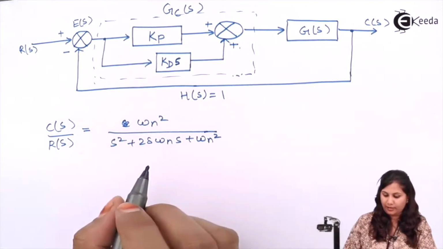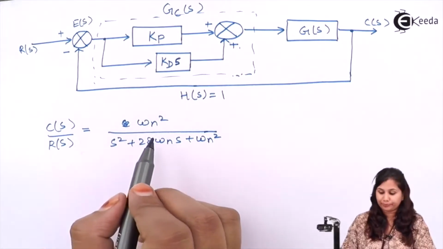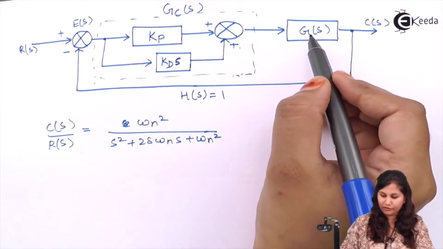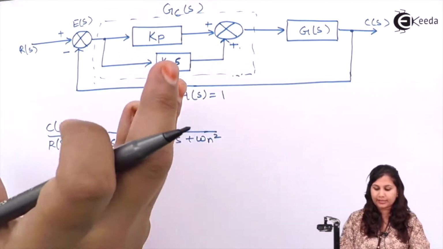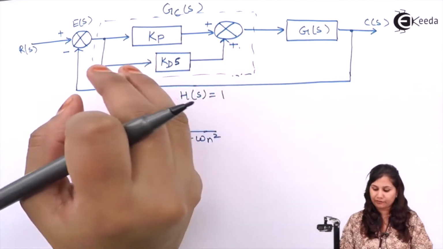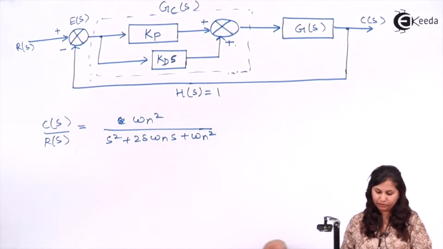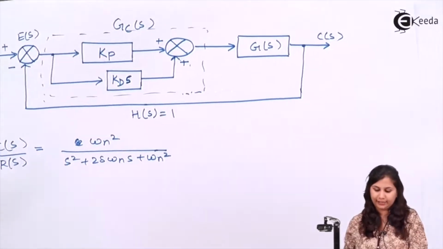This is the transfer function of a second order system. If we keep this transfer function here, then this proportional and derivative action will be applied on the second order control system. So let us draw the block diagram for the second order system.